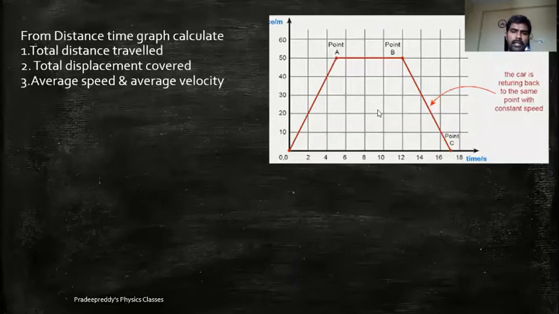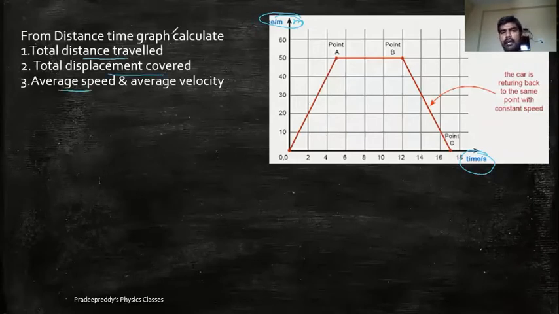Now students, in this particular problem, we are asked to find out distance traveled from the distance time graph. See, this is the distance time graph, distance is in meter, time is in second. Now you are supposed to find out total distance traveled, total displacement covered, average speed, and average velocity. All these quantities you are supposed to calculate.